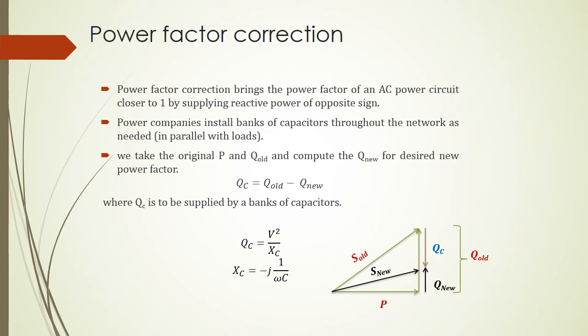C represents the capacitor, and therefore the Q new is given by the Q old minus QC here, and as a result the apparent power after correction is much smaller than the old value, and the power factor gets closer to 1.